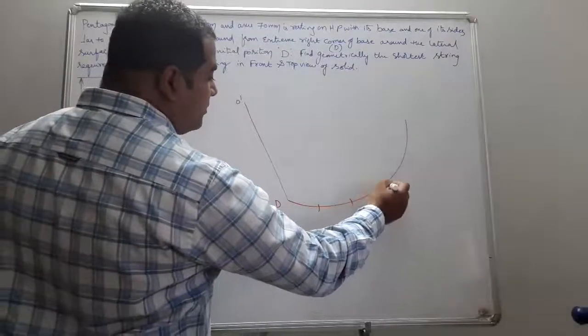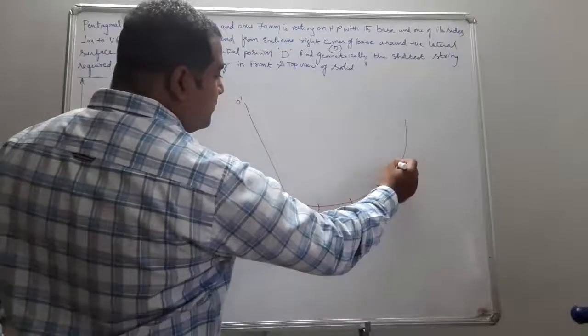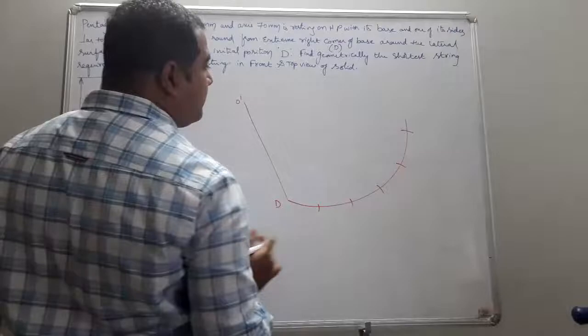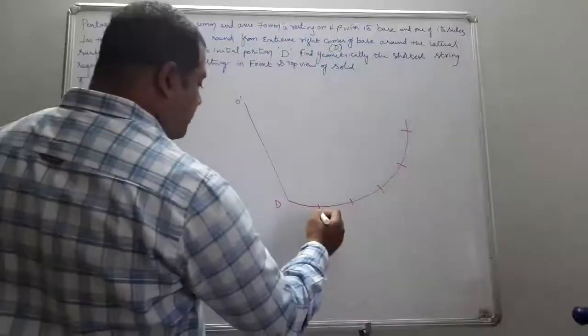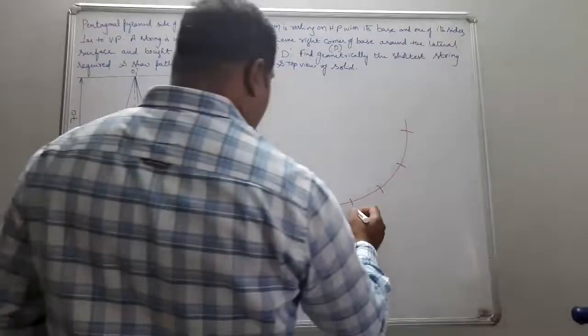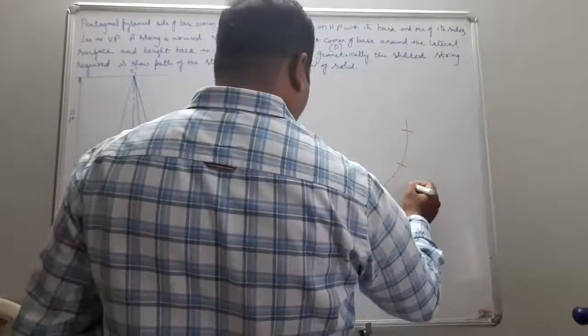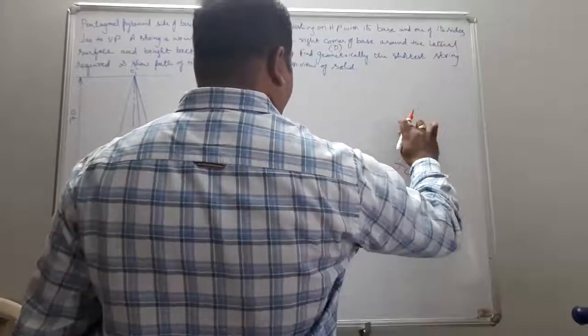Another 1, 2, 3, 4, 5. And mark the points, starting from here and again comes to here. So let us consider D, E, A, B, C, and again comes to D.